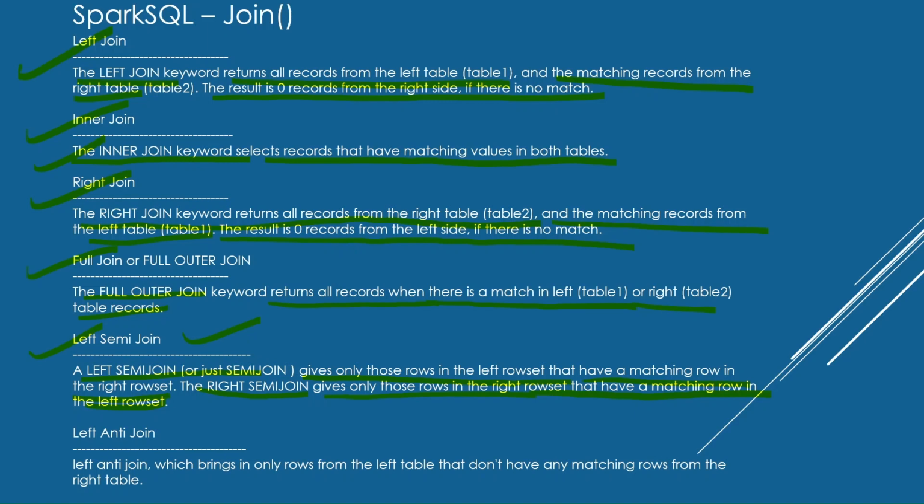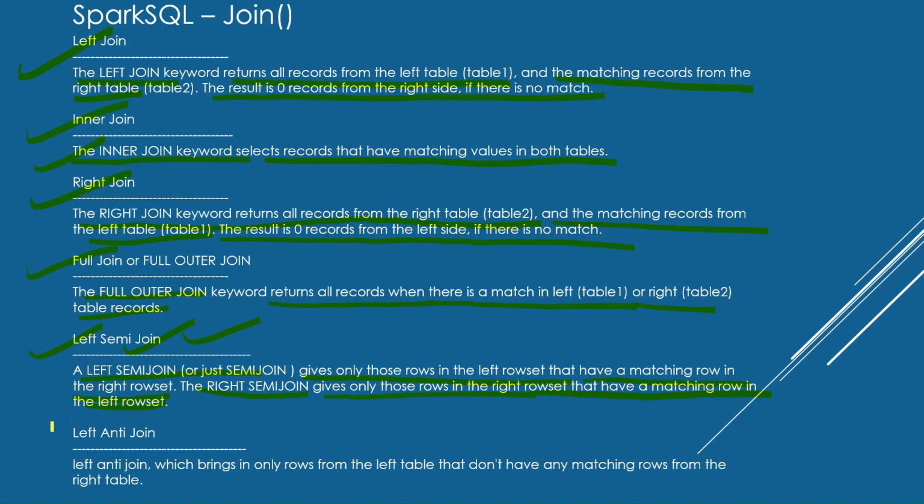If the records match in both tables, only the columns present in the left table will be visible in the output of the left semi join. Even if it is matching, the columns present in the right table will not be visible in a left semi join.